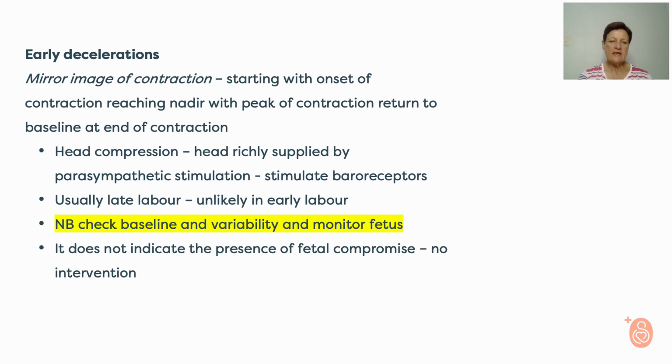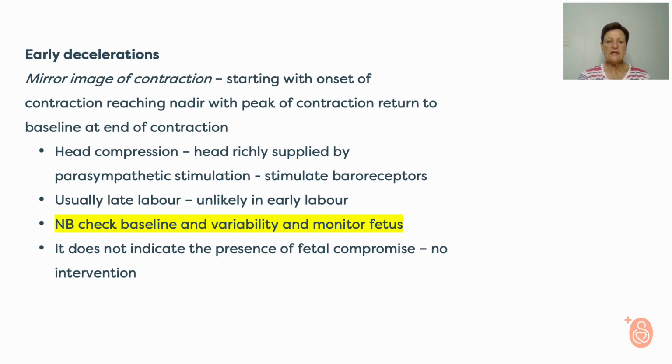When the fetal head goes down into the pelvis, there's a lot of parasympathetic nerve endings around the fetal head. And when there's a lot of pressure as the head goes down into the birth canal on these parasympathetic nerves, it stimulates the baroreceptors. We remember we've said baroreceptors stimulate the parasympathetic nervous system.